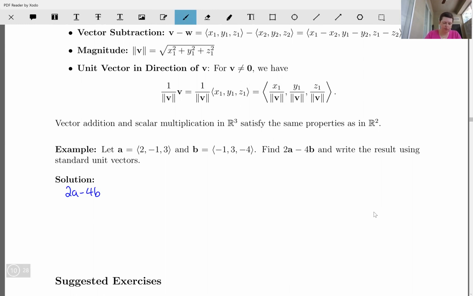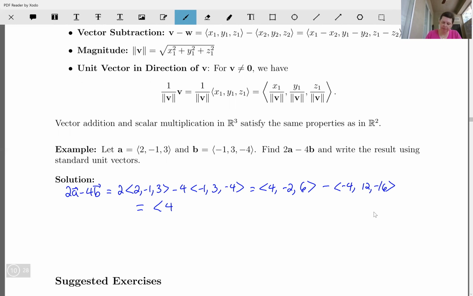So first, 2A minus 4B is going to be 2 times <2, -1, 3>, minus 4 times <-1, 3, -4>, which is going to be <4, -2, 6>, that vector, minus the vector <-4, 12, -16>. So that's going to give me 4 minus -4, -2 minus 12, and 6 minus -16, also known as the vector <8, -14, 22>.